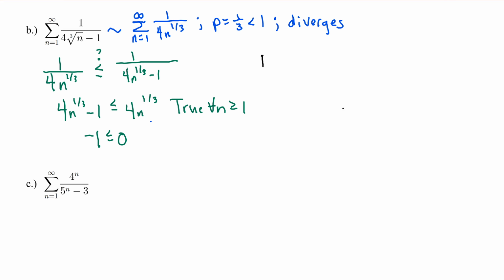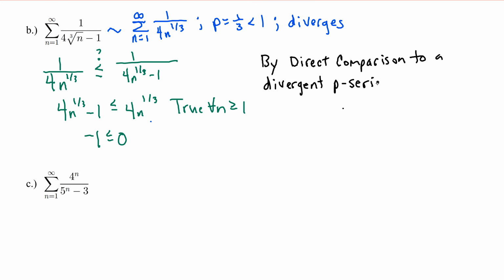So we can say by direct comparison to a divergent p-series, the given series, the sum from n equals 1 to infinity of 1 over 4 times the cube root of n minus 1, also diverges.